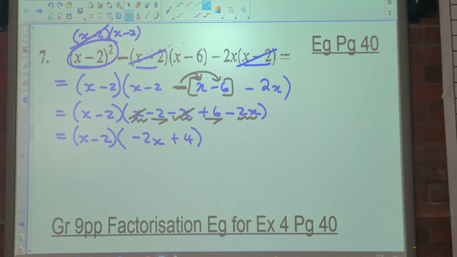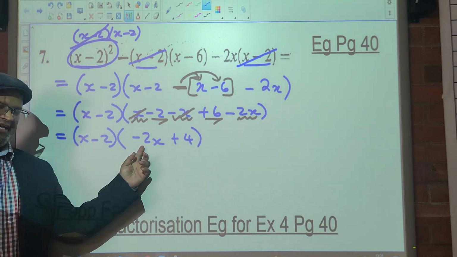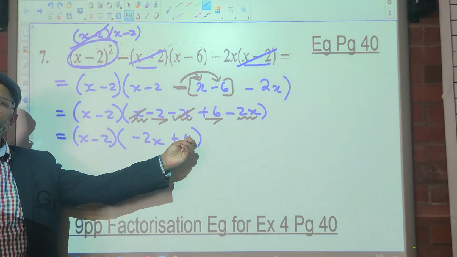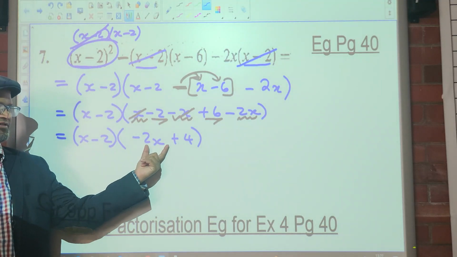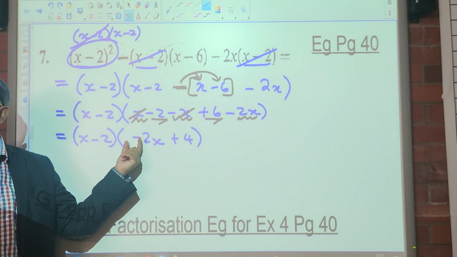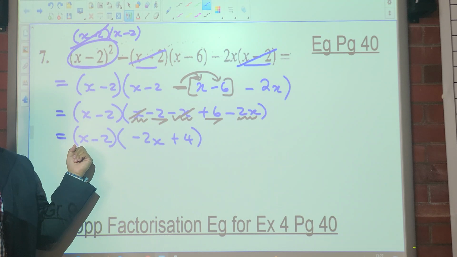You think we're going to stop there? No. Now what? The common factor of negative 2. Remember, when the first term is negative in the factorization you're going to do, you must take out the negative as the common factor.